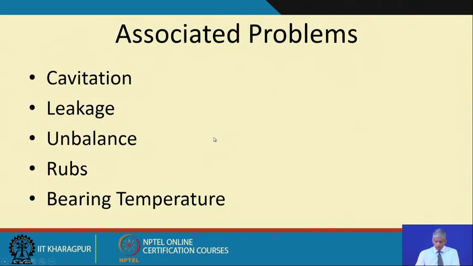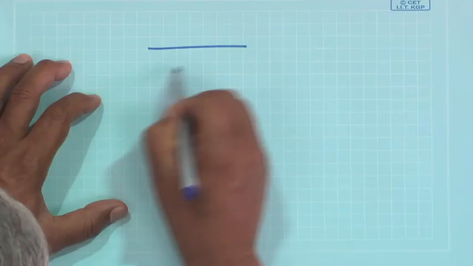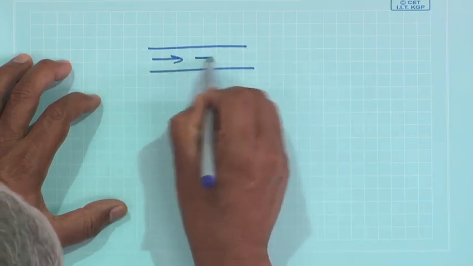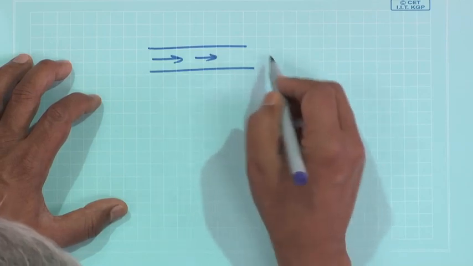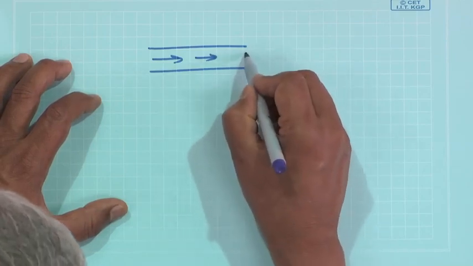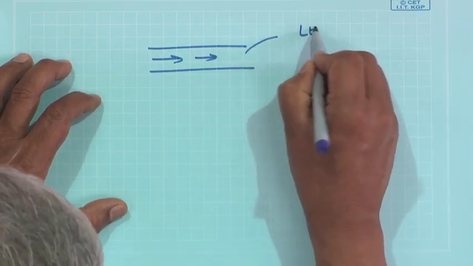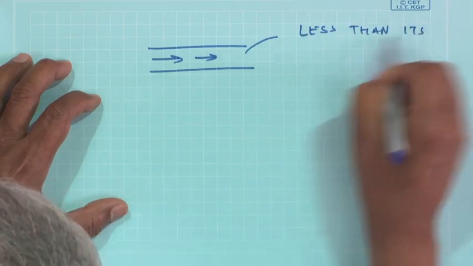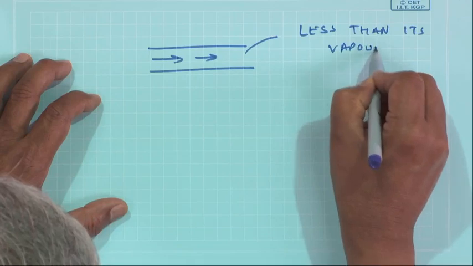Okay. But some of the associated problems in fluid handling devices are what is known as cavitation, and cavitation in a fluid handling device occurs when the fluid is going at a very high flow rate, so that the fluid pressure becomes less than its vapor pressure.